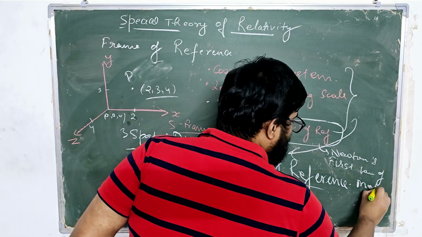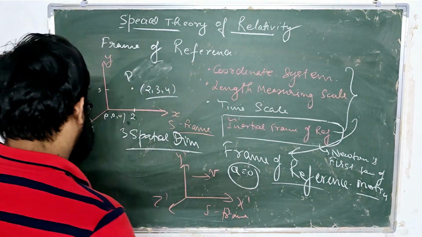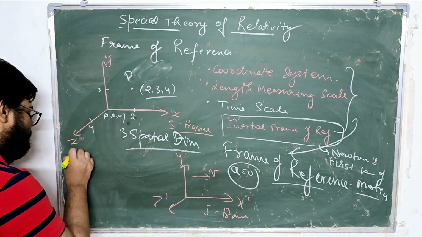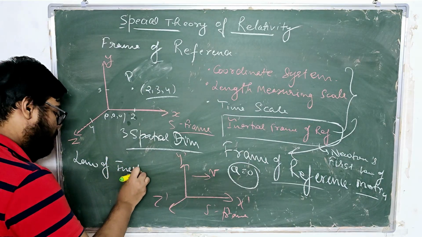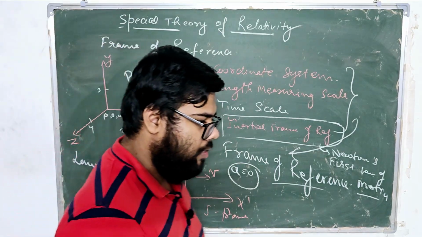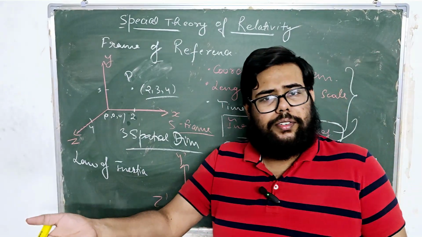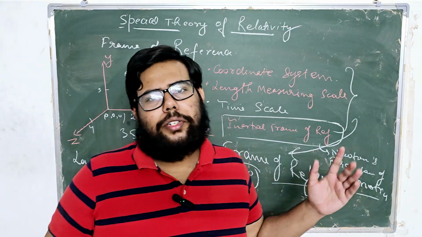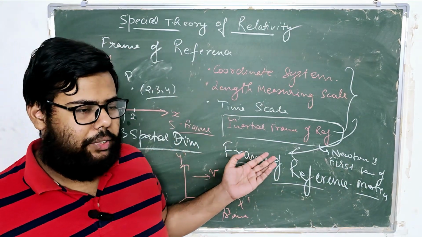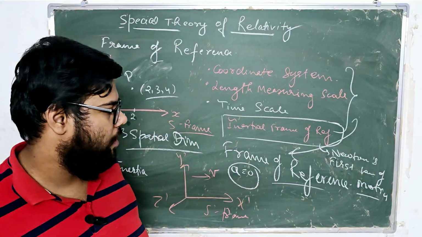What is Newton's first law of motion? Newton's first law of motion is the law of inertia. A body moving with a constant velocity will keep on moving at that velocity only. And when I say velocity, it includes direction and rotation, everything in that. So that is why I stated velocity.